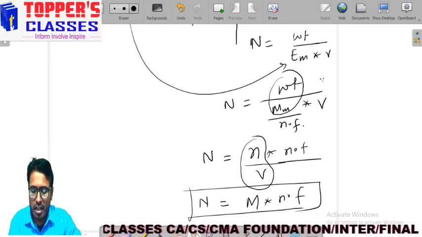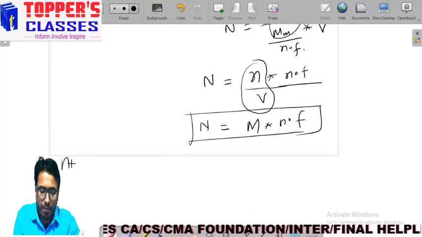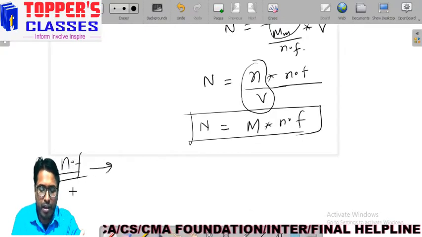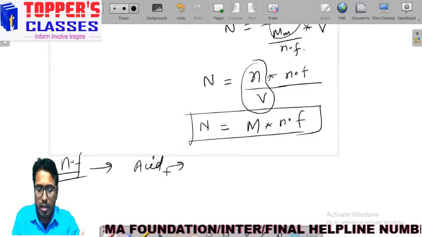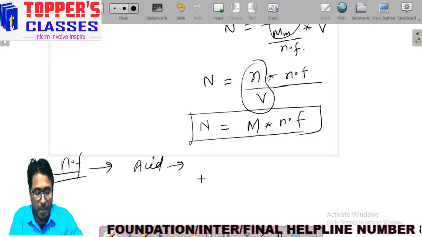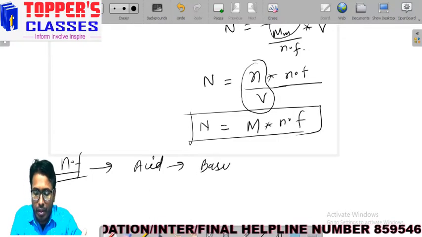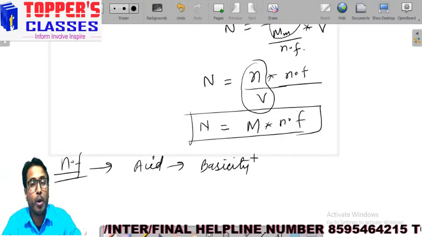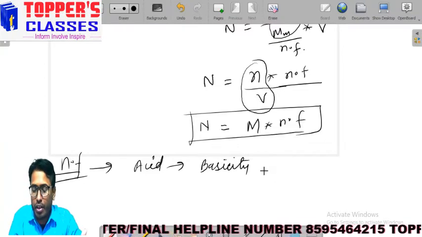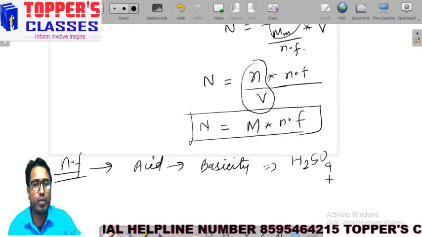Now let us try to understand what the n factor is. The n factor for an acid will be its basicity. That means, as much hydrogen as it can give. If we take sulfuric acid, H2SO4, what will be its n factor?